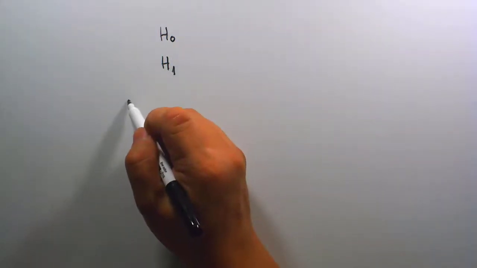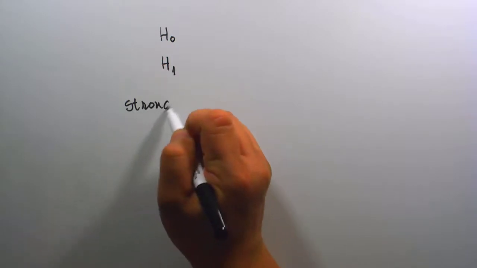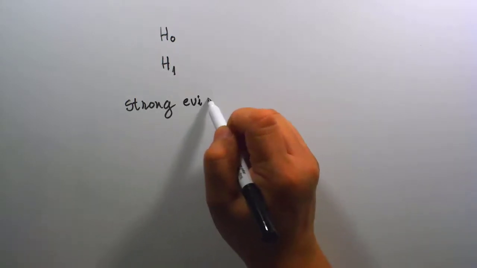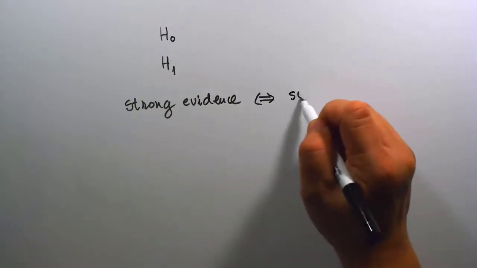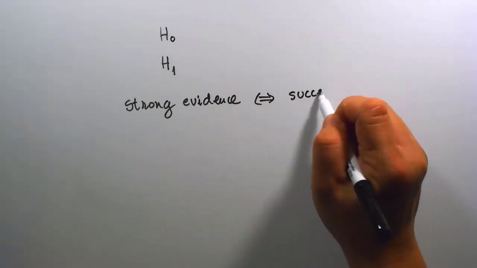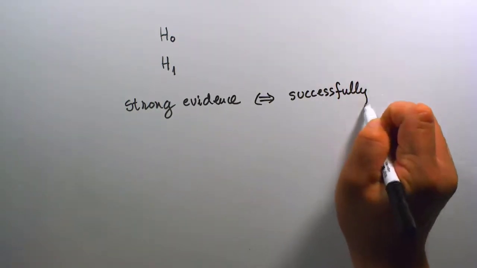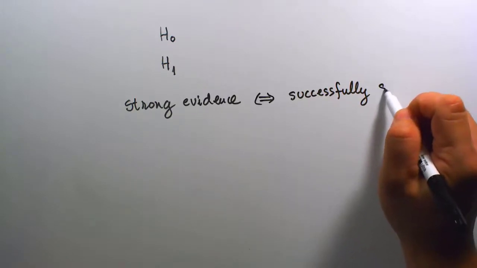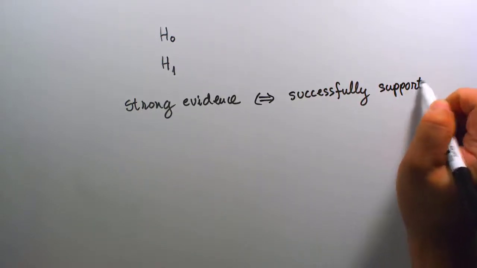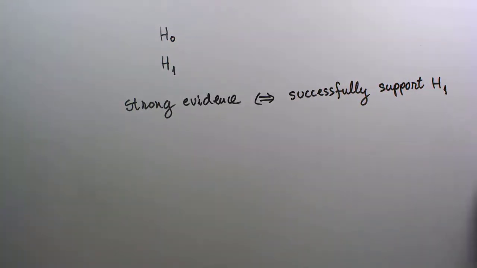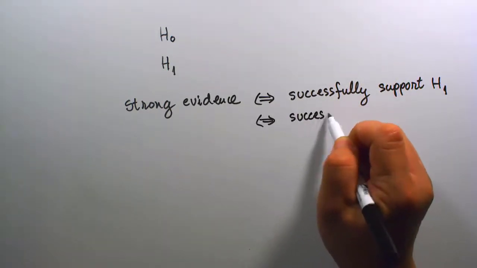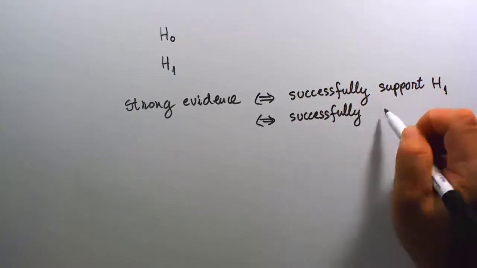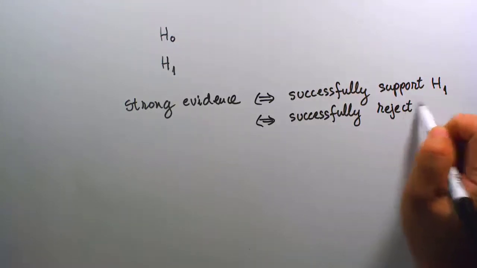If we can prove that we have strong evidence, it means the same as we can successfully support H1 because we can prove it, and also means the same as we can successfully reject H sub 0.